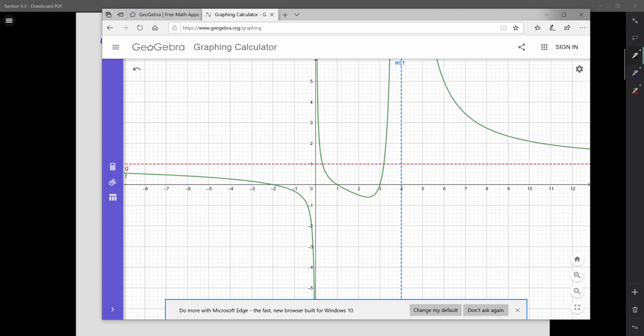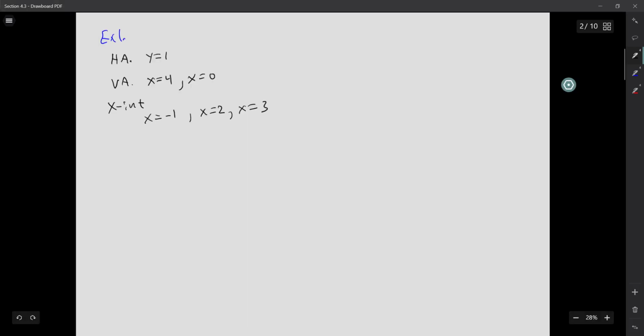So let's try to collect this information. The biggest parts are the x-intercepts and the vertical asymptotes, because those are going to give me the bulk of my rational function. I'll call this one G. What I expect to see is from the x-intercepts, x equals -1, x equals 2, and x equals 3.